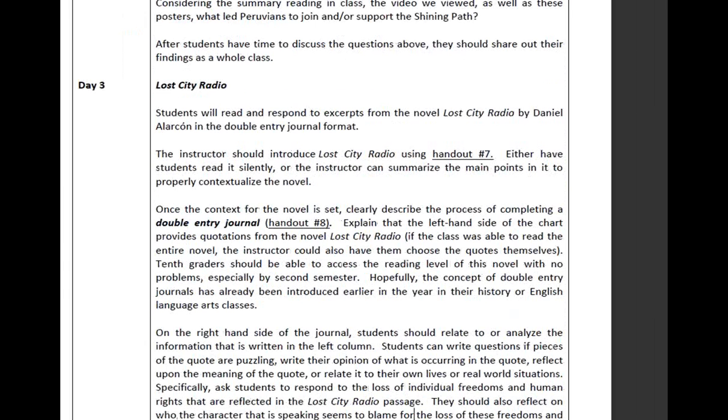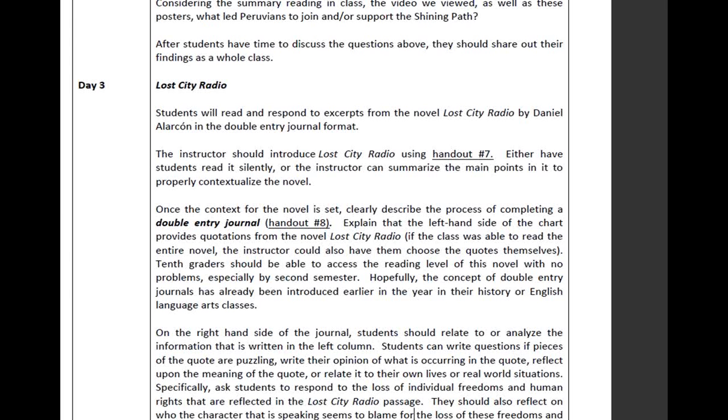And then finally, on the last day, students are turning to the actual text excerpts from Lost City Radio. Now, the authors of this lesson felt very strongly that students would need a lot of context to understand where the author was coming from and what the context should be for them understanding the Peruvian Civil War.